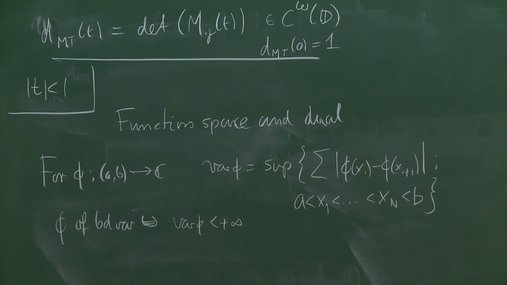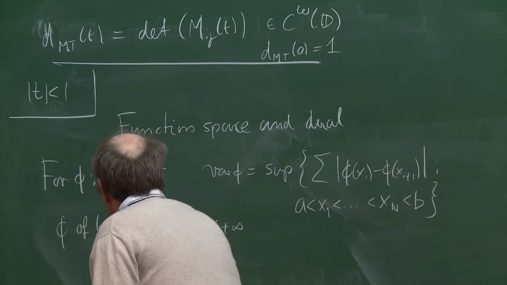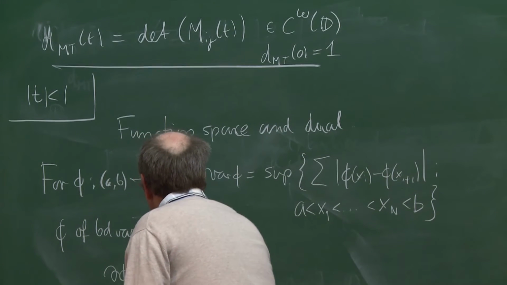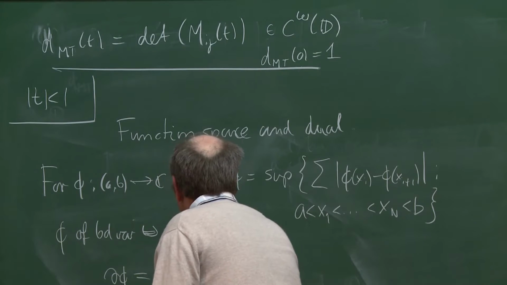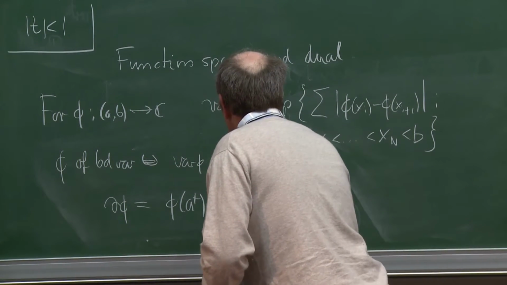In that case, in particular, limits from the right and the left exist, and you might define the quantities phi of A plus and phi of B minus.